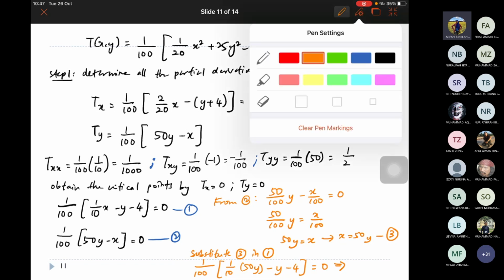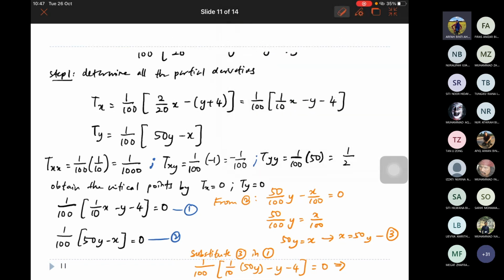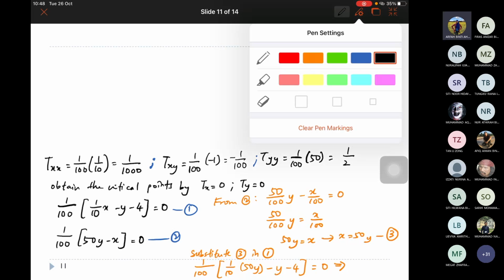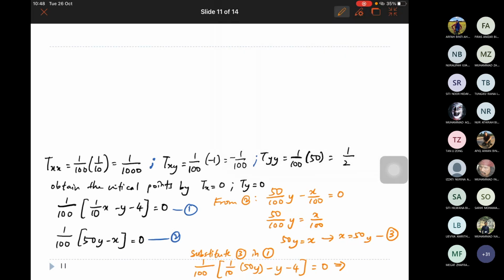Tak muat lah pula saya padam atasnya. Okay. So from there, 1 per 100 darab 5Y tolak Y. 4Y tolak 4.